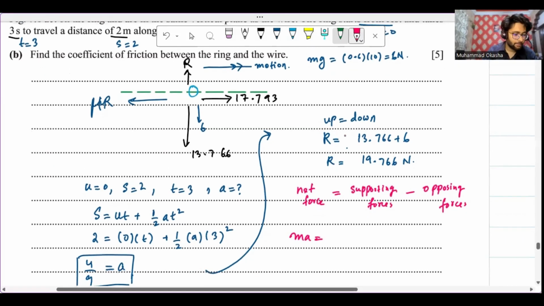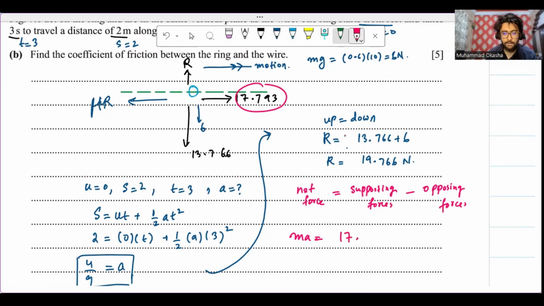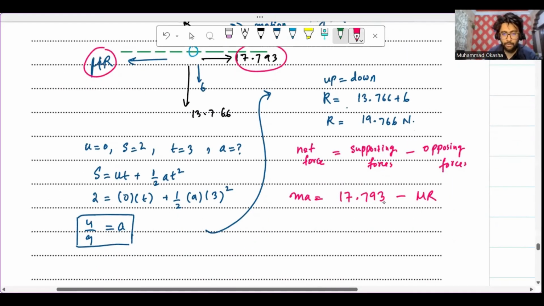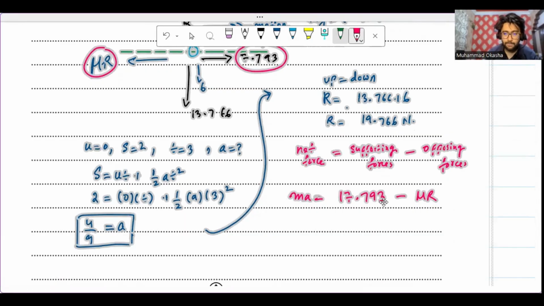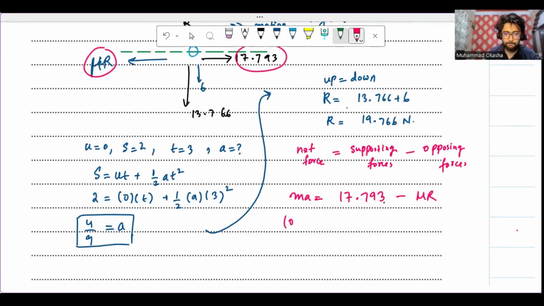The supporting force is 17.793, minus the opposing force, mu R. Let's put in the values that we know. Mass is 0.6, acceleration is 4 over 9, which we just worked out, equals 17.793 minus mu times R, which is 19.766.